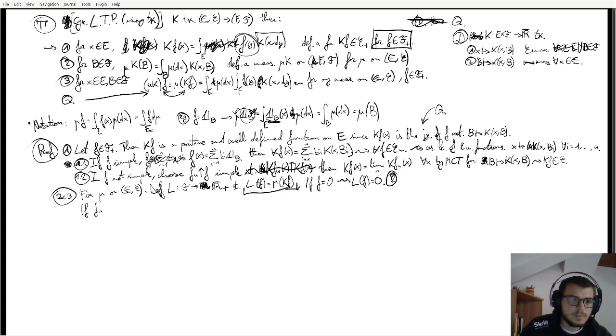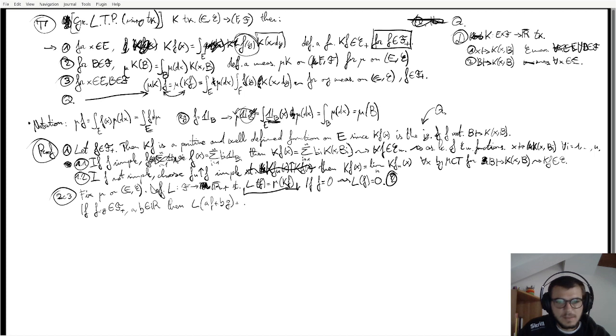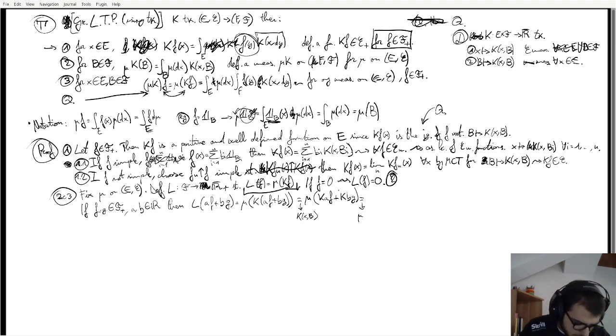And now if f and g are positive measurable functions with a and b real numbers, then L of af plus bg, more explicitly, is mu of k of af plus bg, and by linearity of the measure k of x and B, this can be written as mu of kaf plus kbg, and again by linearity of mu.